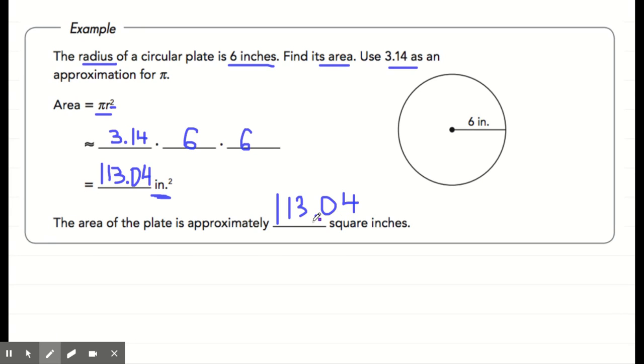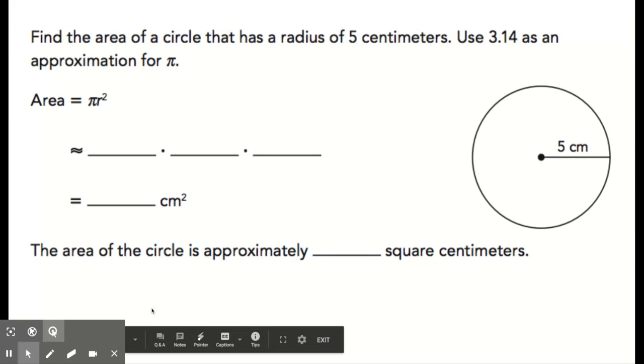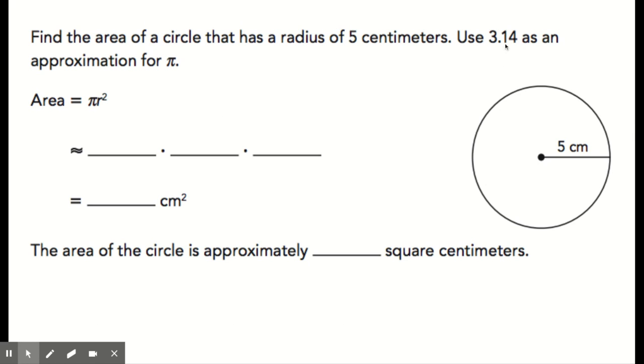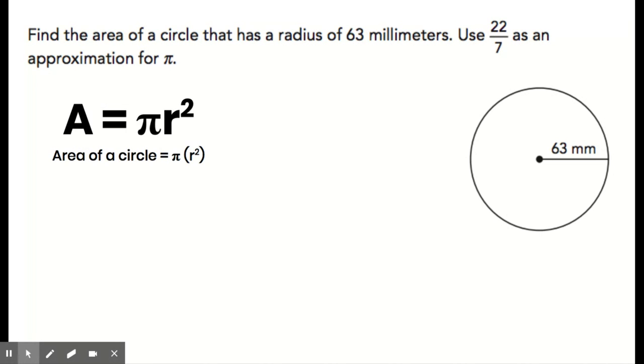All right, so you will have some time to go over the next 2 questions, and the same thing. The area formula is pi r squared. So you're using the pi value, in this case 3.14, times the radius, which is 5 times 5, because r squared means the radius is multiplied by itself twice. Same as the next number.